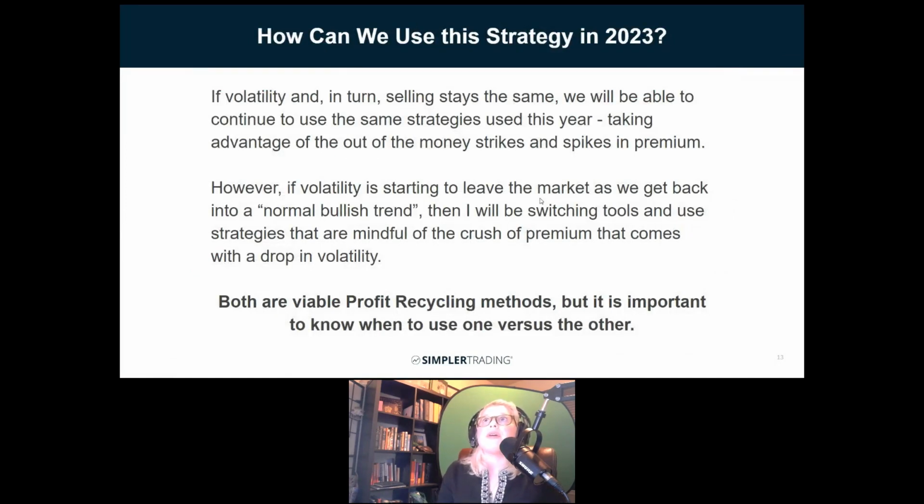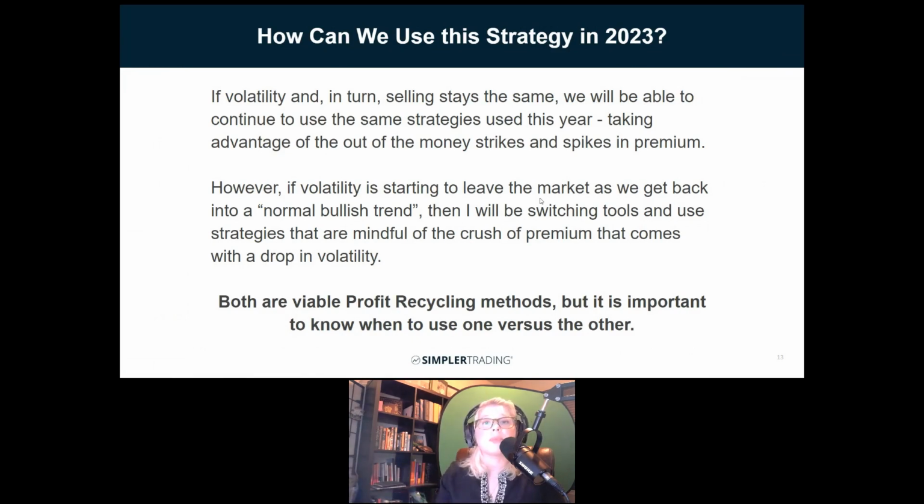So, how can we use this strategy in 2023? Well, if volatility and in turn selling stays the same, we will be able to continue to use the same strategies used this year, taking advantage of the out of the money strikes and the spikes in premium. However, if volatility does start leaving the market, or eventually when it's going to, maybe it doesn't happen this year, maybe it happens next year in 2024, who knows?